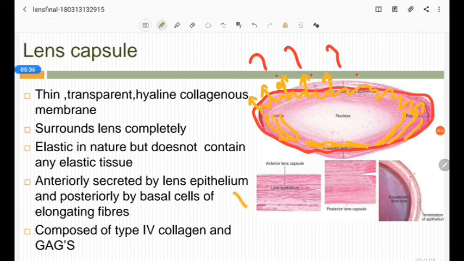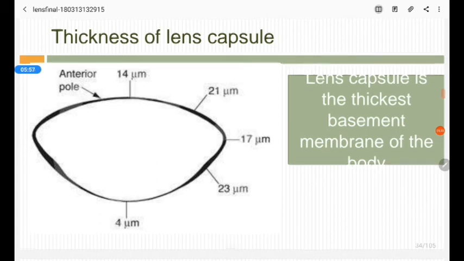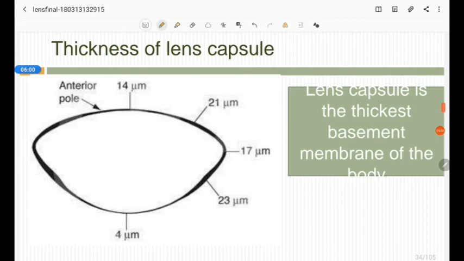Now the type of collagen is important. Here it is type 4 collagen along with glycosaminoglycans. It's important to know the thickness of the lens capsule. You should know that it is thinnest at the posterior pole and thickest at the paracentral surface.